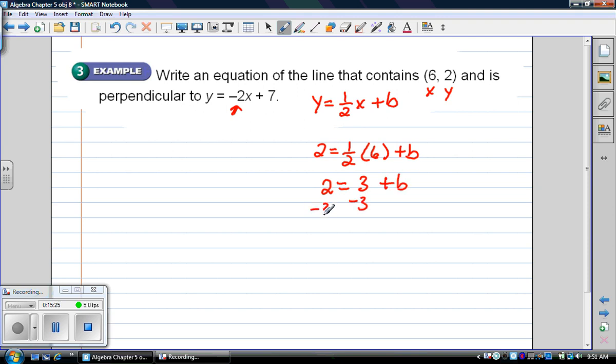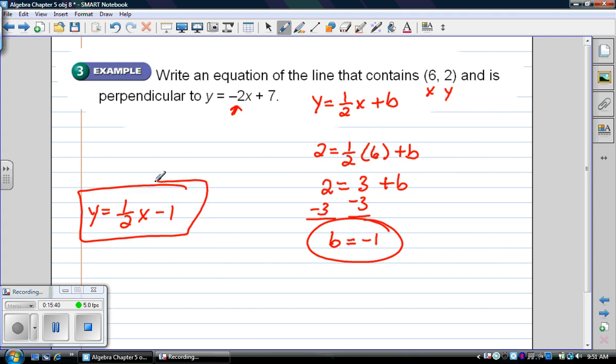To solve for b, we're going to subtract 3 from both sides. b is going to be equal to negative 1. My equation: y is equal to 1/2 times x minus 1. All right.